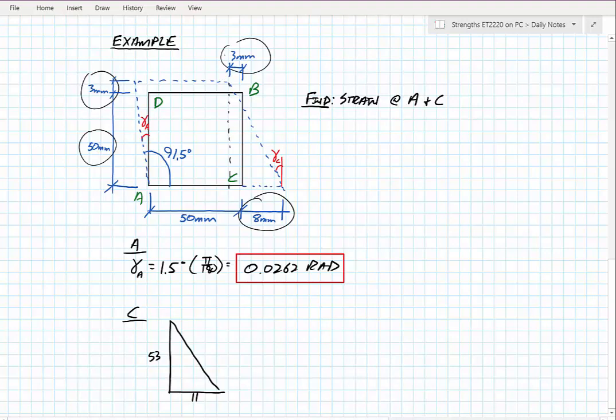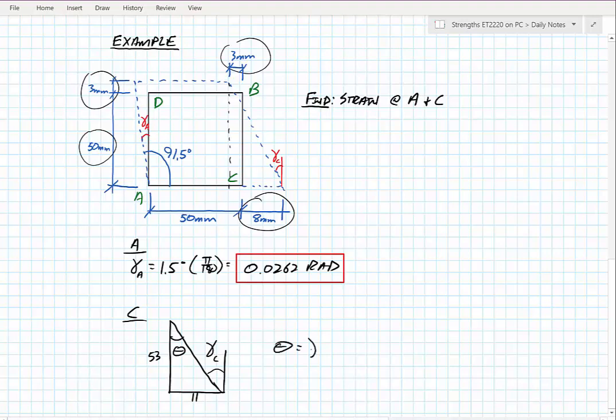I'm trying to find the angle of this triangle, right? So this is my angle that I'm looking at. I could call that theta, or actually this is what my strain would be looking like. So that's my strain at C, which is the same as theta, right? I mean, that's just an opposite interior angle type of thing.